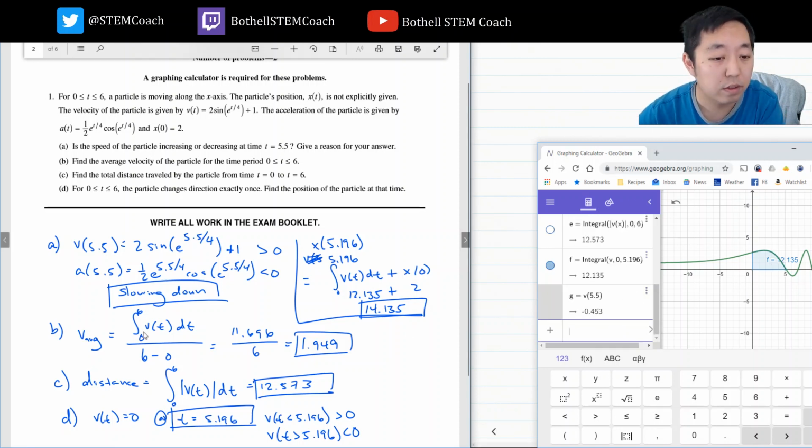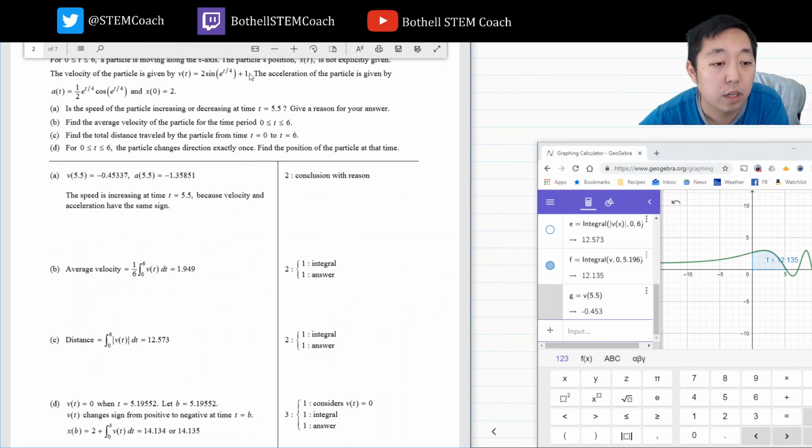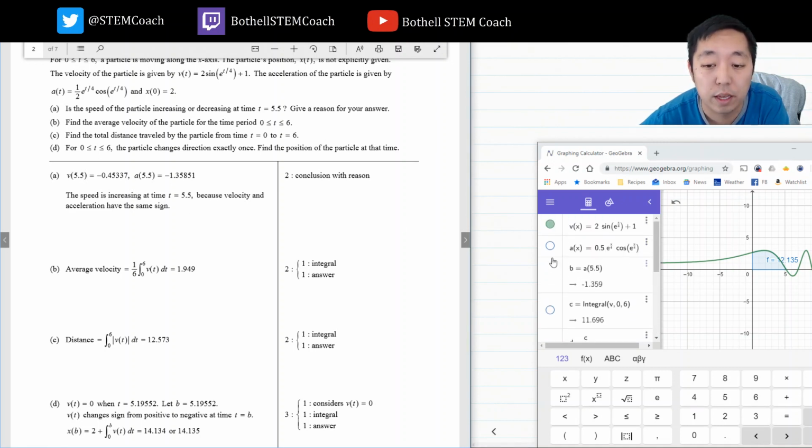Oh, it was negative. I don't know why I didn't see that. This was negative. Duh. Okay, so I did find that, and when I found a of 5.5, I got negative. I don't know why I didn't see the negative sign, but I clearly messed that up. They have the same sign, hence it's speeding up.